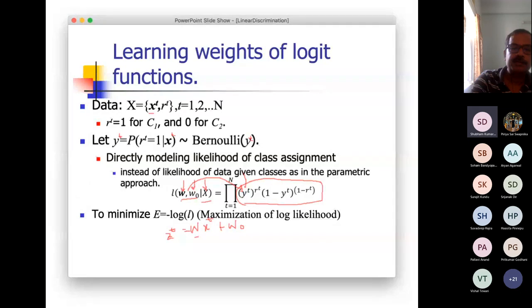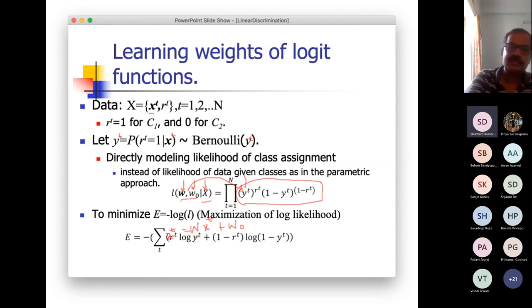If you take the logarithm, because it's a product, that's a common trick for any maximization or minimization problem of a product. We do it in the log space, and then the product becomes a summation, but the problem remains the same. Since you are taking the negative, it is now a minimization problem. So E is your objective function, which is the minus of this.